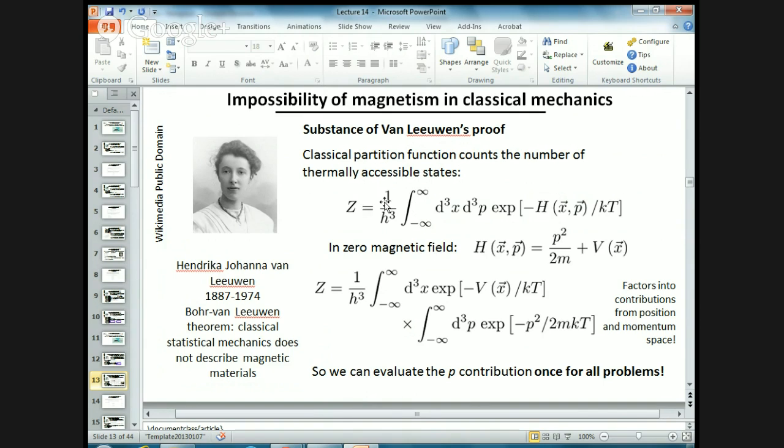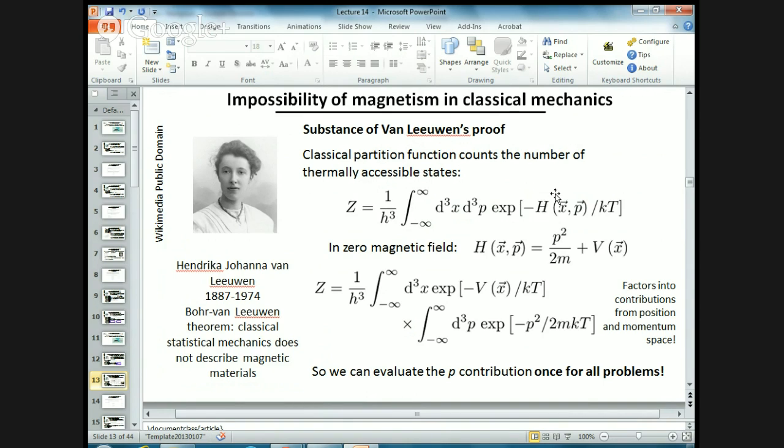It's based on this partition function, which is a measure, something that counts all the states of the system, and then from various operations on the partition function, we can calculate the response of matter to various external influences.